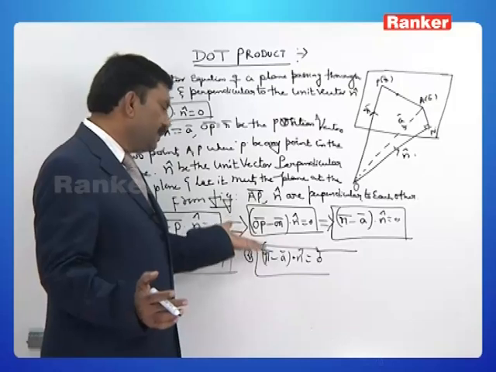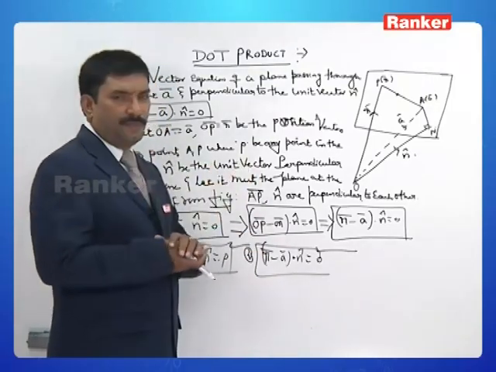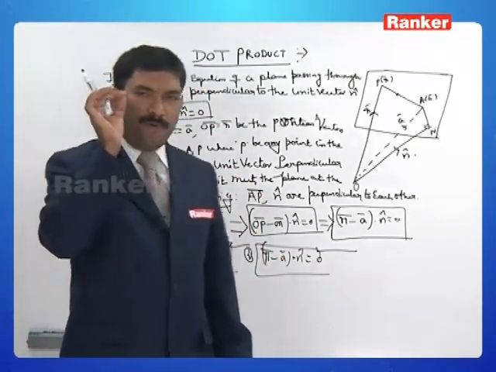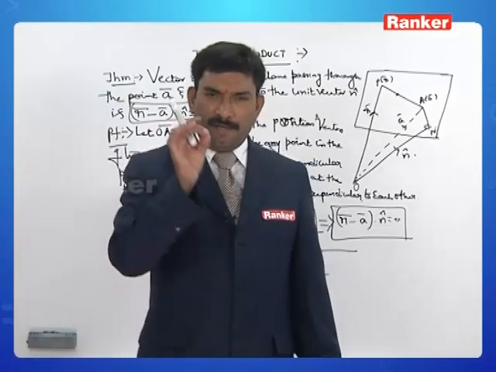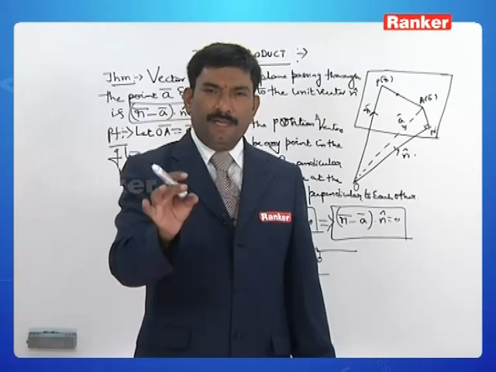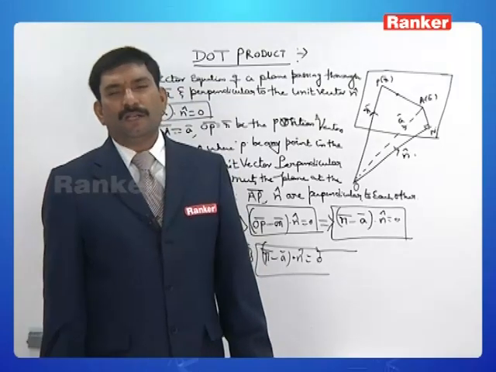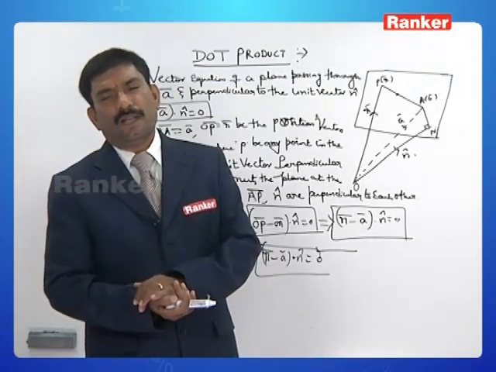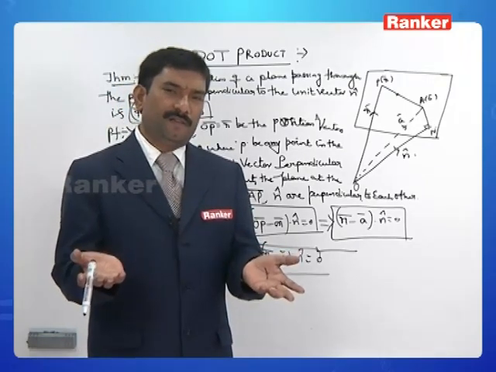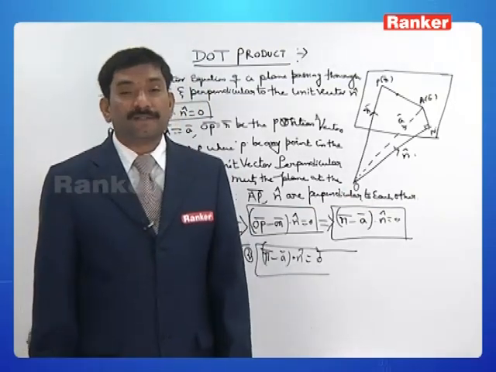in the same fashion, we can also find the Cartesian equation of a plane passing through the point A bar, where A bar is equal to A1 i plus A2 j plus A3 k, and if I take N cap equal to L i plus M j plus N k, where L, M, N are the DCs of a unit vector.